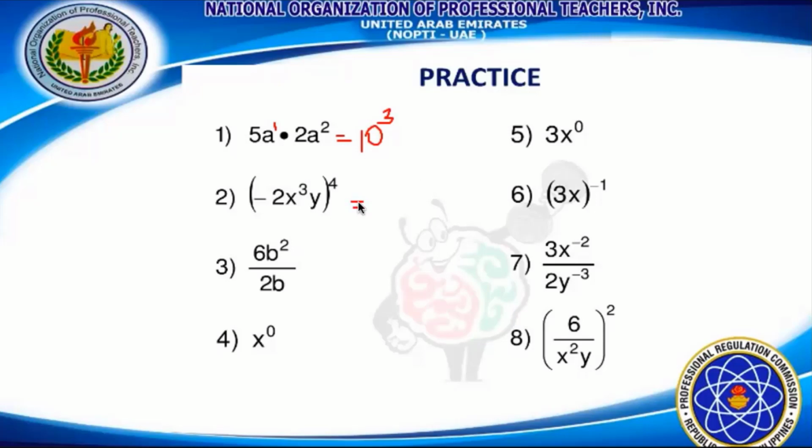Distribute the exponents. I mean, the exponent outside of the parentheses. So, ito, meron siyang 1 na exponent. Correct? And so, with negative 2.